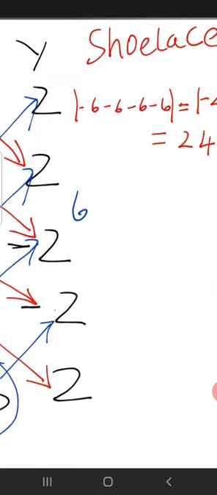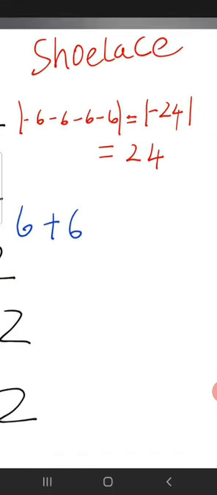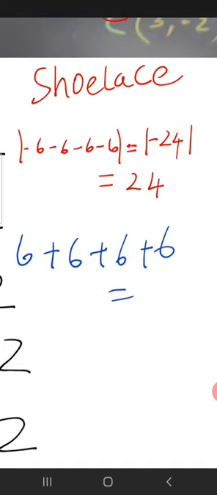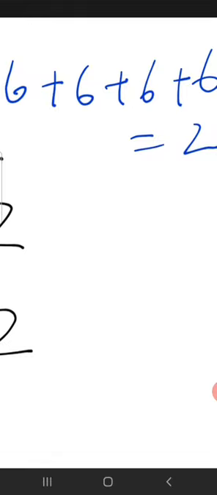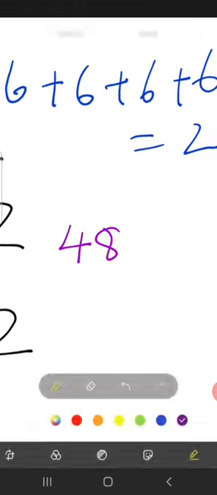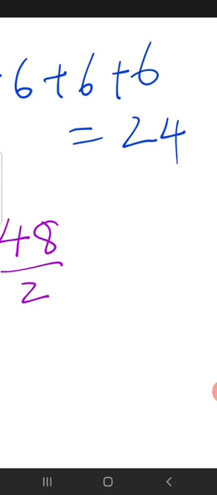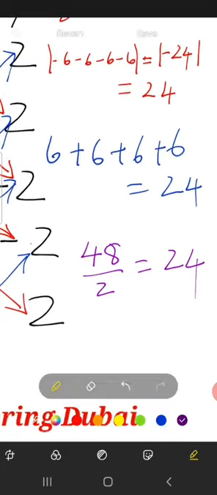So it will be all the positives here, 6 plus 6 plus 6 plus 6. You will see that you get +24. Absolute value is anyway 24. Add these two. When you add them, you get 48. Divide this 48 by 2, you get 24. So this is the area of the quadrilateral.